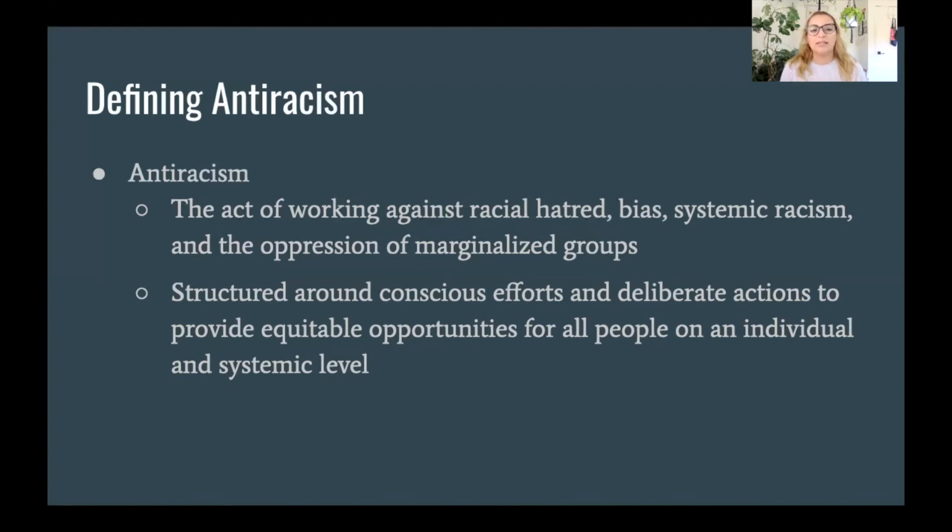Anti-racism, however, is the act of working against racial hatred, bias, systemic racism, and the oppression of marginalized groups. This is structured around conscious efforts and deliberate actions to provide equitable opportunities for all people on an individual and systemic level. We also want to focus on writing from this perspective.